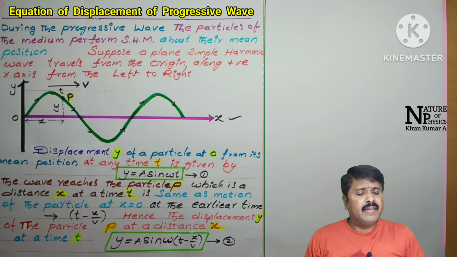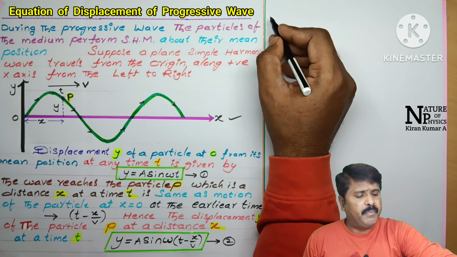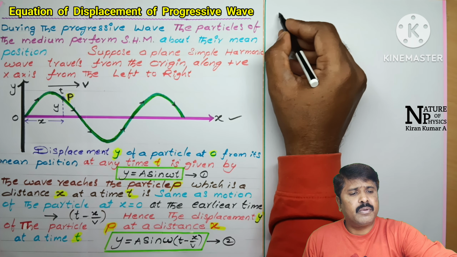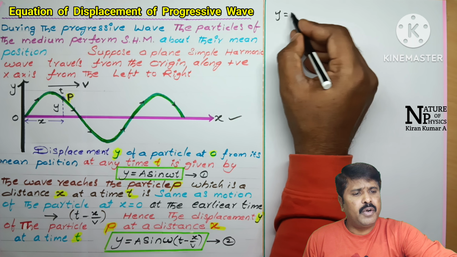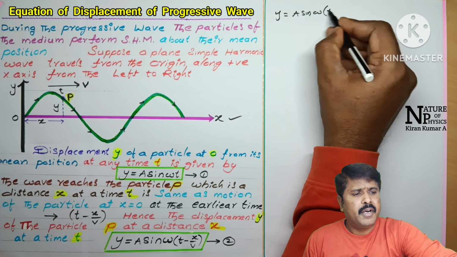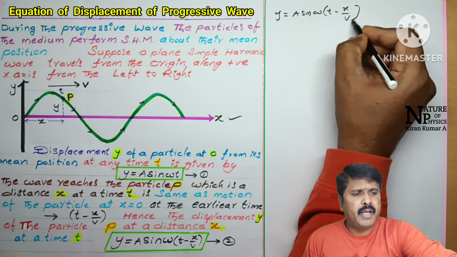Okay student, continuing, I am going to write different equations. For the first one, the basic equation already written here is y equals a sin omega into t minus x divided by v.